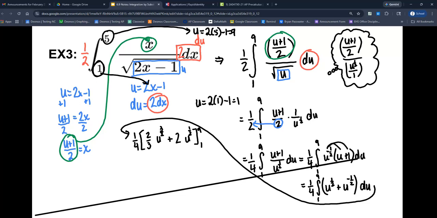I think it is helpful here to rewrite this as square roots before you start plugging numbers in, because fractional exponents are harder to think about. So 1/4, this is going to be 2/3 times the square root of u to the 3rd plus 2 square root of u.